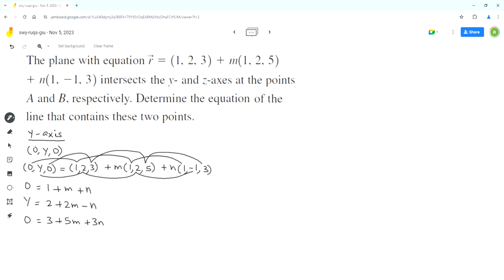Next, we have to solve two of these equations to find the values of m and n that correspond to point A, and then we'll use those m and n values to find the value of y. So we'll use the first and the third equation to find the values of m and n. We can rewrite these equations.